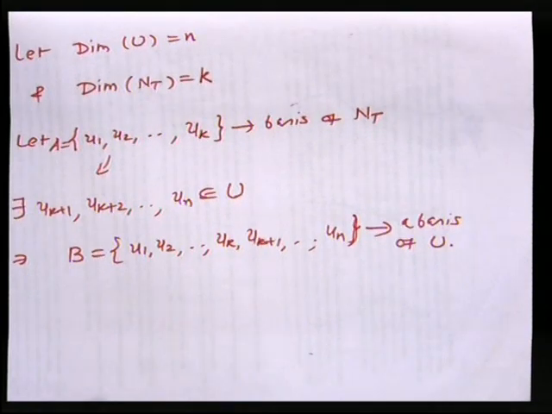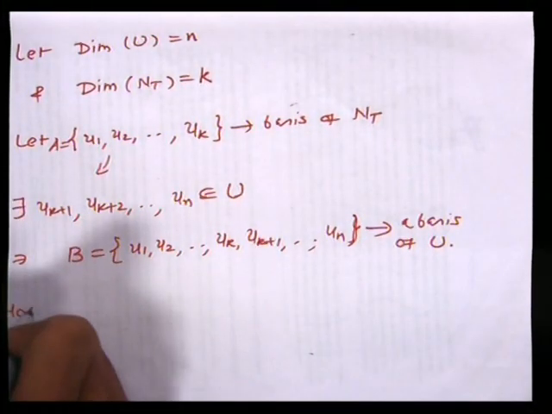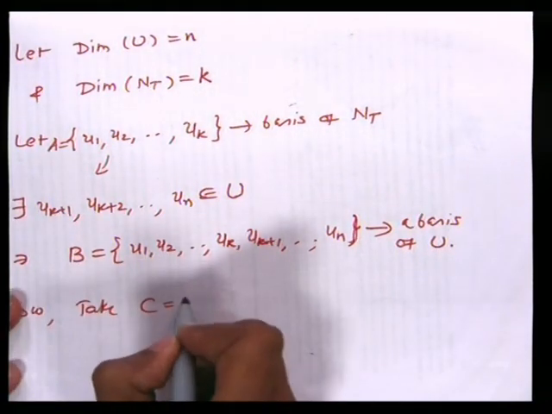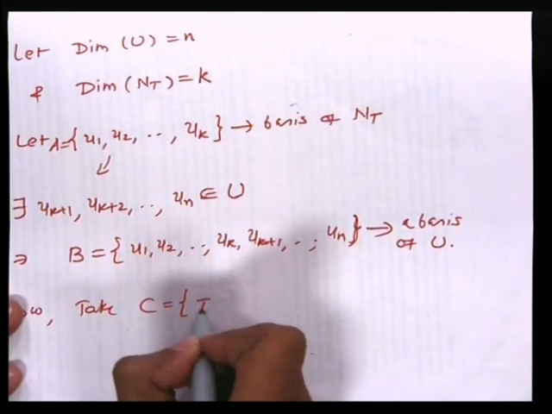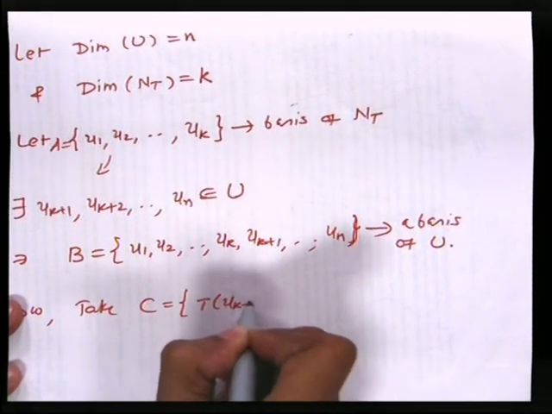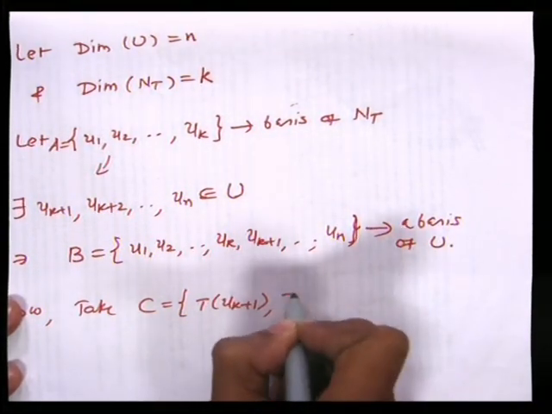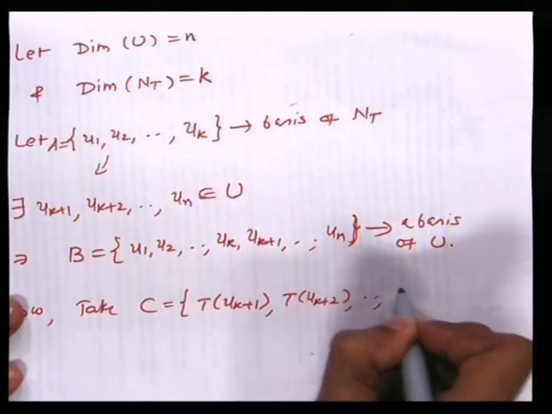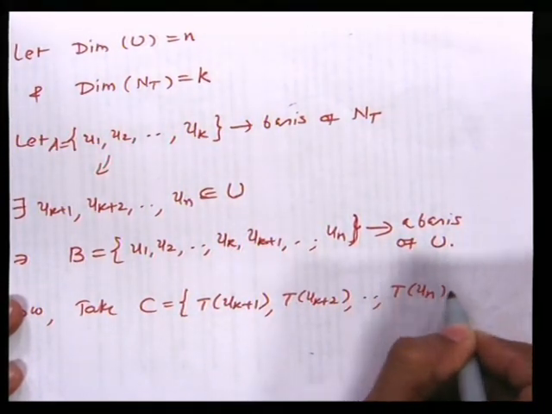Now take set C containing the vectors T of uk plus 1, T of uk plus 2, up to T of un.